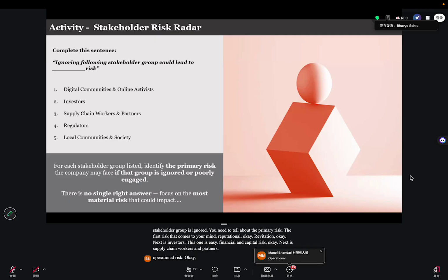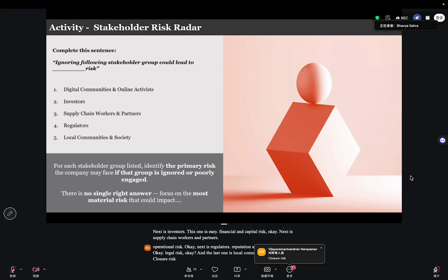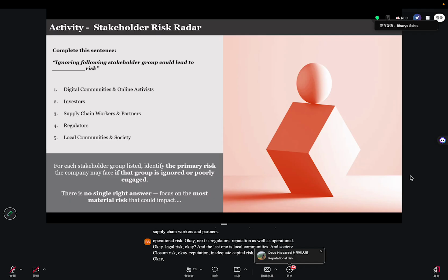Next is regulators. Reputational as well as operational, okay. Legal risk, okay. And the last one is local communities and society. Closure risk, okay. Reputation, inadequate capital risk, supply chain risk, okay, brand image.